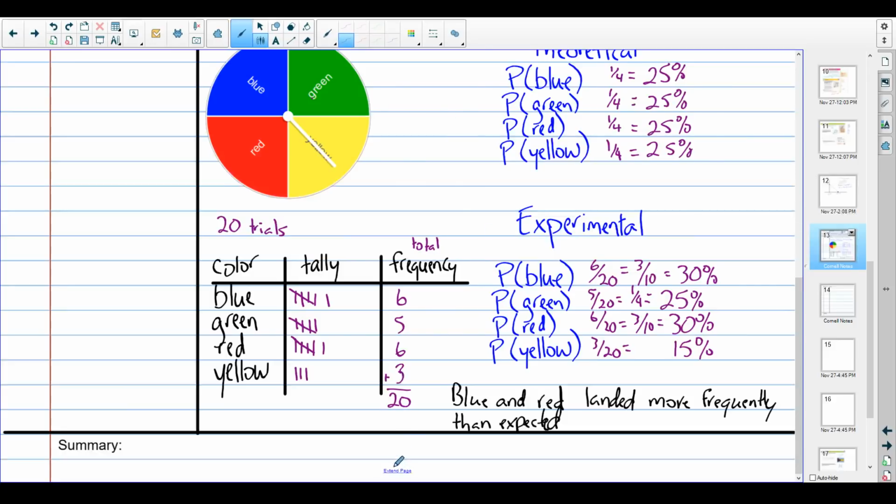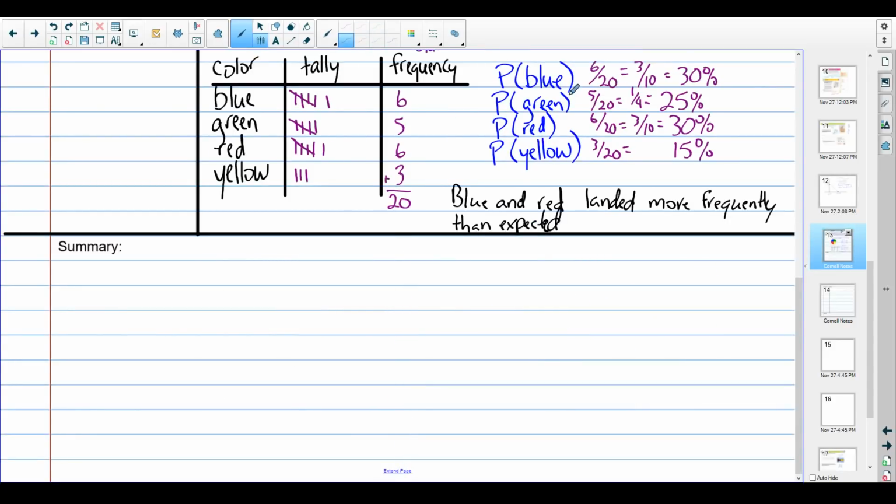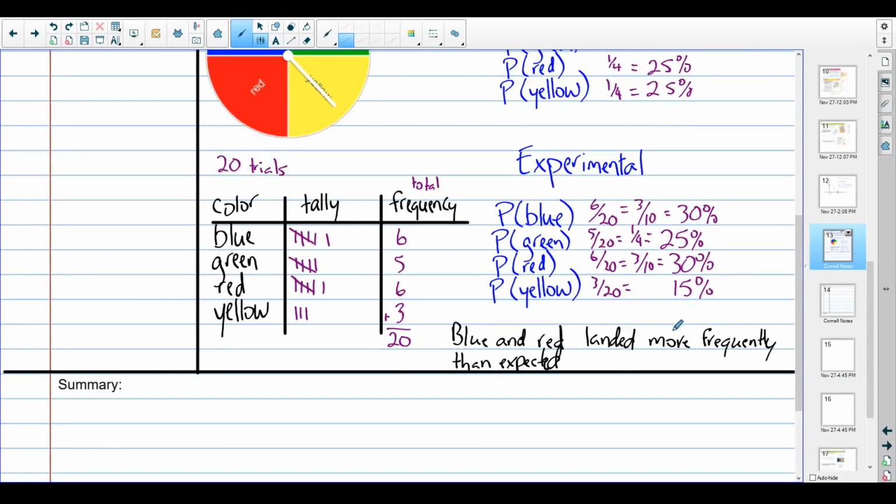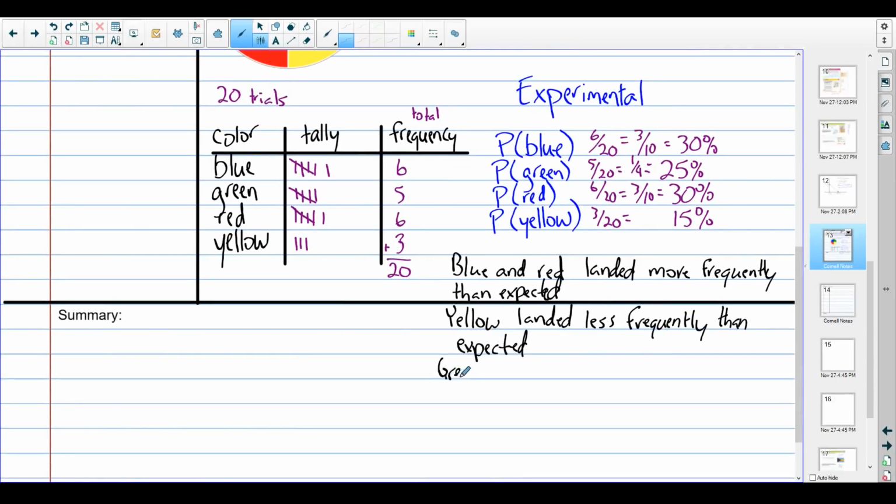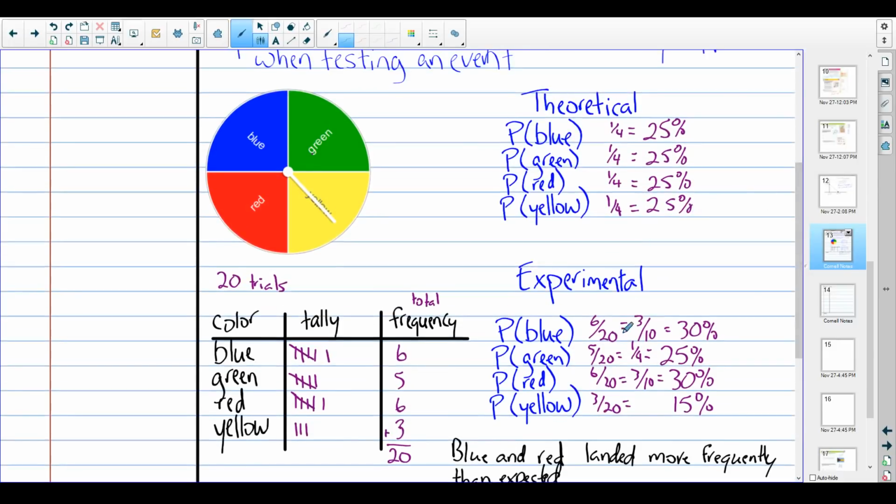We can say that yellow, because yellow is supposed to be 25% of the time, was only 15%. So yellow landed less frequently than expected. And green was just right. Okay, there's our results, the difference between theoretical and experimental.